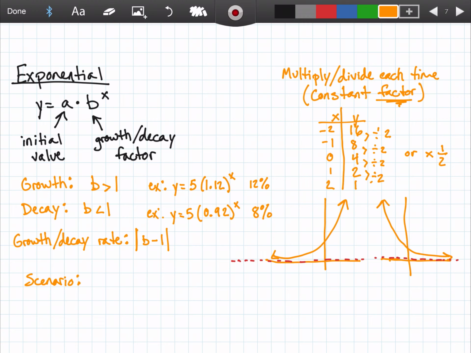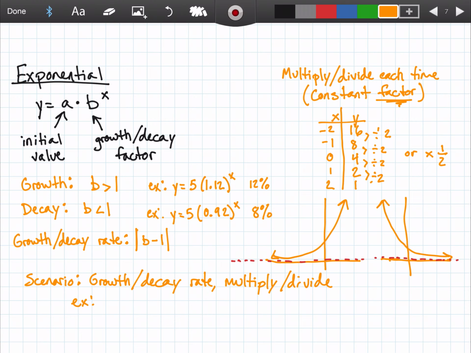Okay, and with scenarios, you're just looking for that exponential growth. So if it talks about a growth or a decay rate, or if you could tell, you would have to multiply or divide.